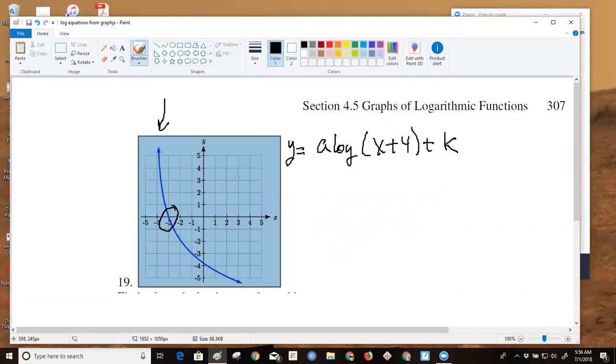So let's see, where's my pen here? So -3 is the y, equals a times the log of -1 plus 4. And then we know k is 0. I'm going to get rid of that extra parenthesis that I inadvertently put in there.